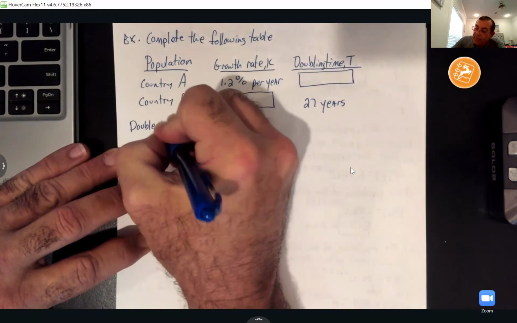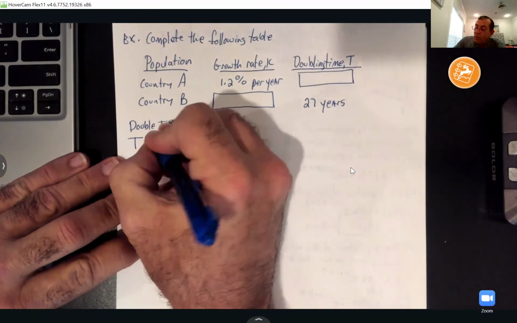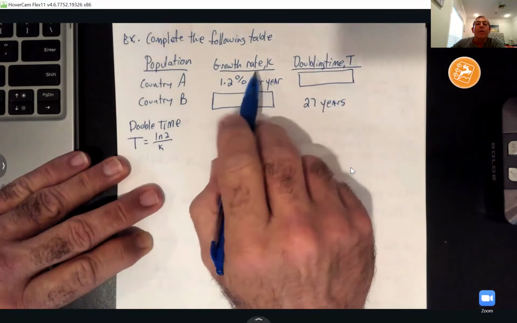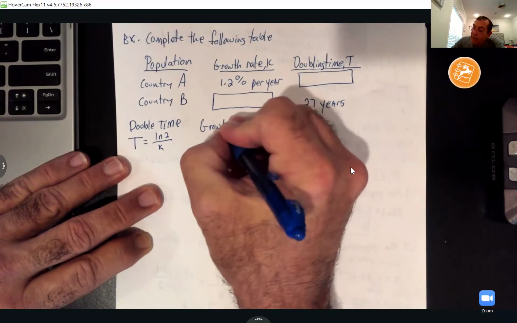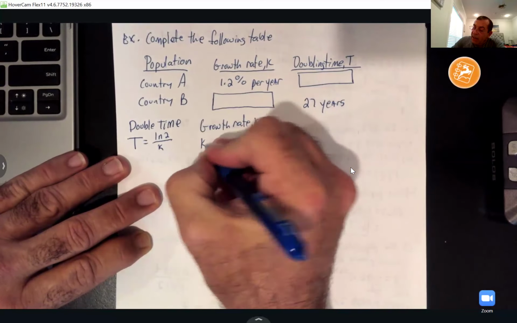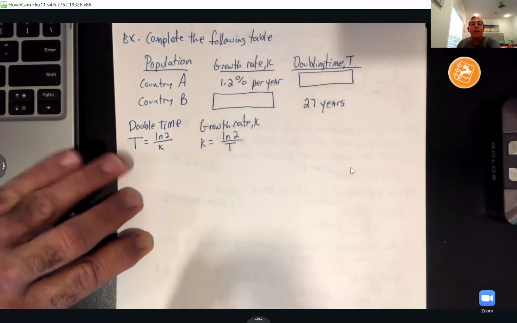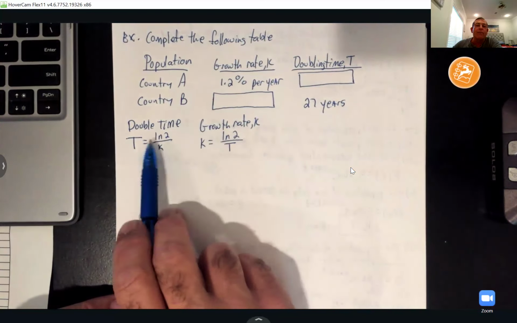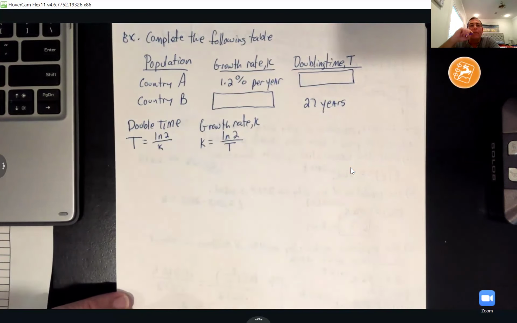Doubling time, the big T, equals ln of 2 over K. Well, the growth rate, K, equals the ln of 2 over the doubling time. So they're basically using the same formulas. I'm just flip-flopping them for the one I need to find, okay?